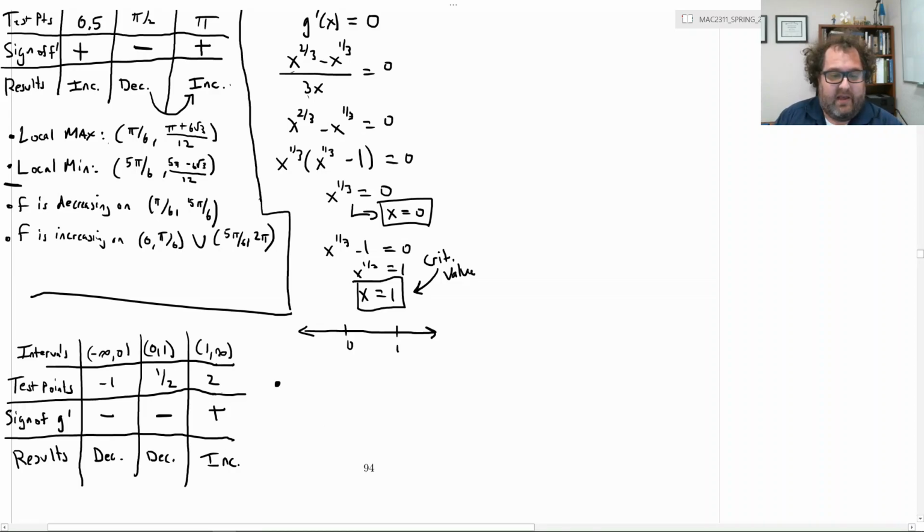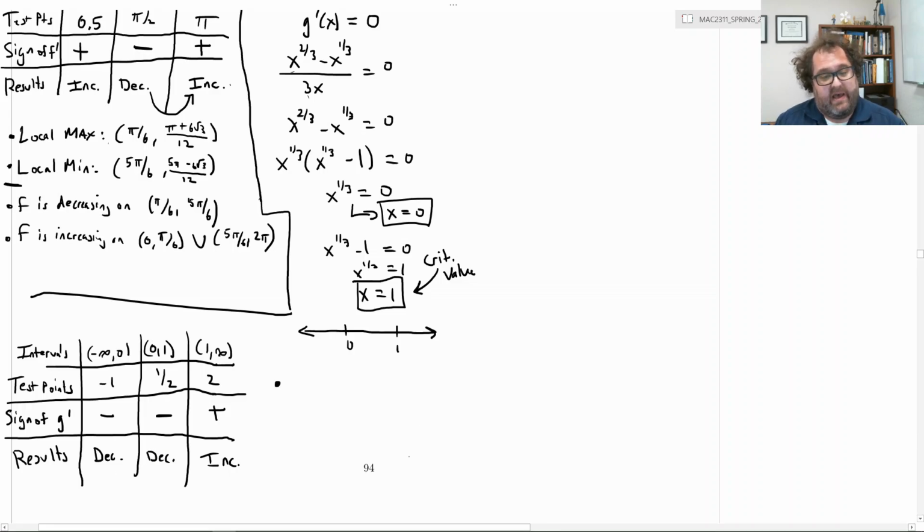So notice at 0, we're changing from decreasing to decreasing. So we haven't found an extrema because there is no change from decreasing to increasing or vice versa. The sign was just negative on both sides.